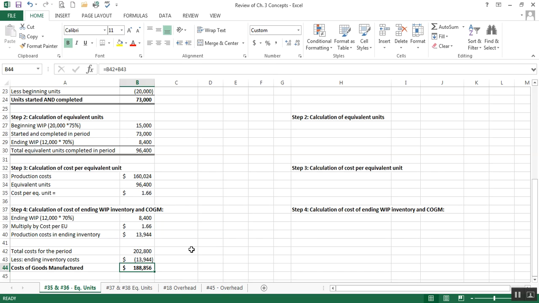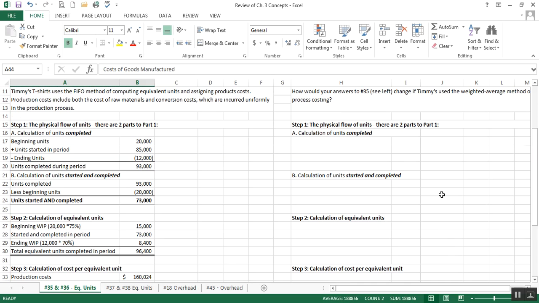I know I went through that kind of fast, but ultimately this is our goal, to calculate the amount of production costs that total our cost of goods manufactured that move to the next step in finished goods.